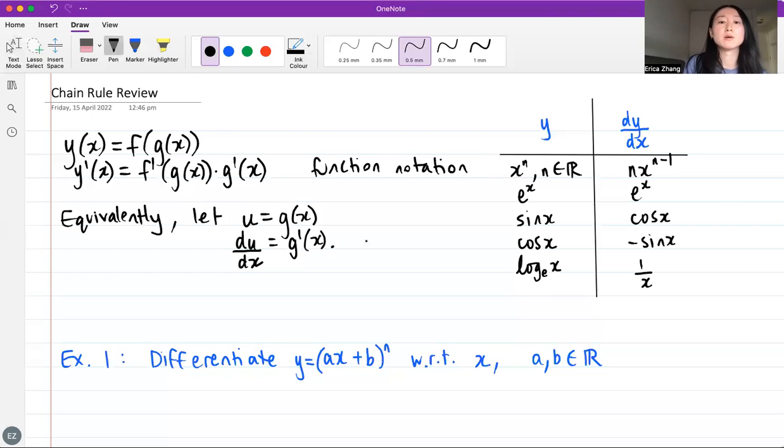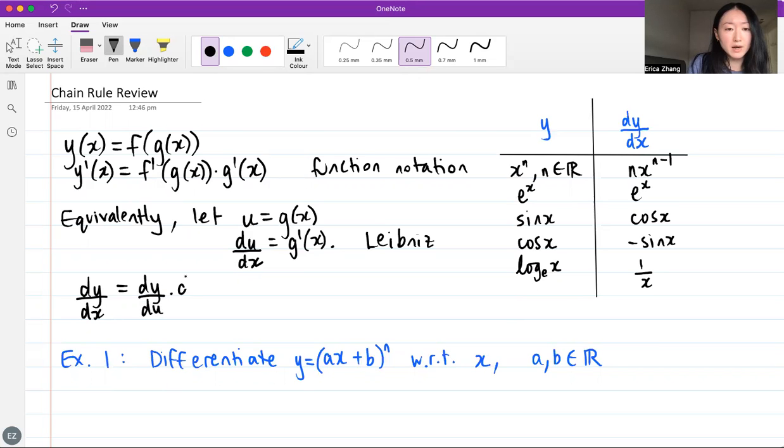And so this du dx we refer to as Leibniz notation. And we express the chain rule like this. So dy dx is equal to dy du multiplied by du dx.